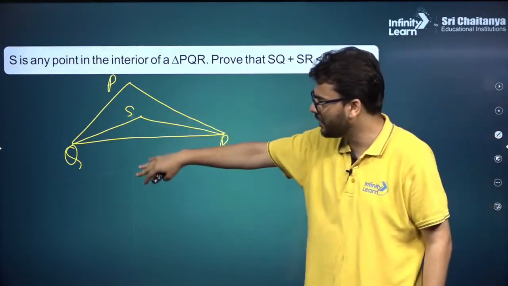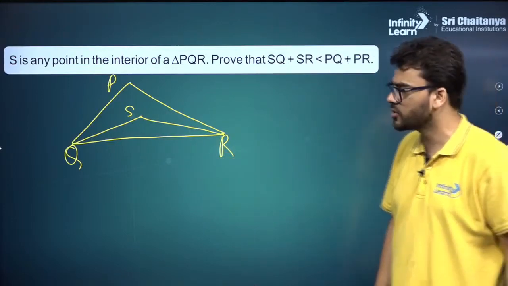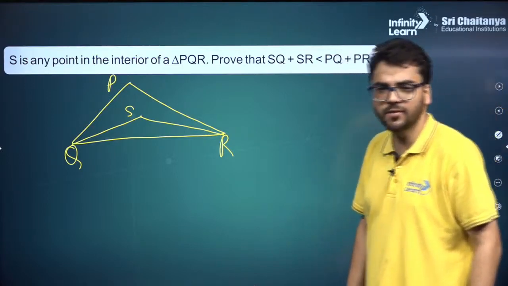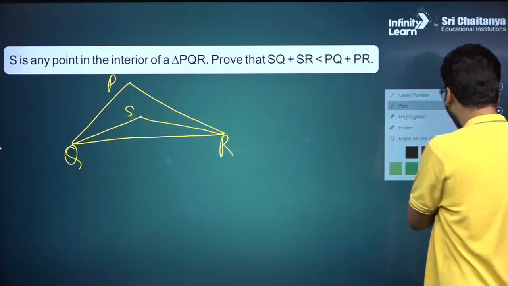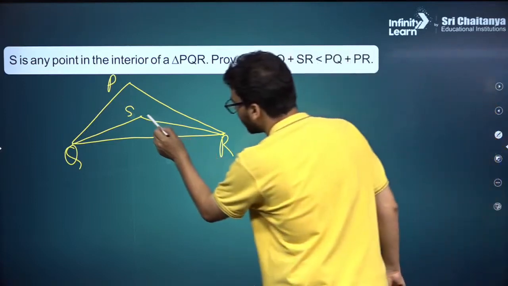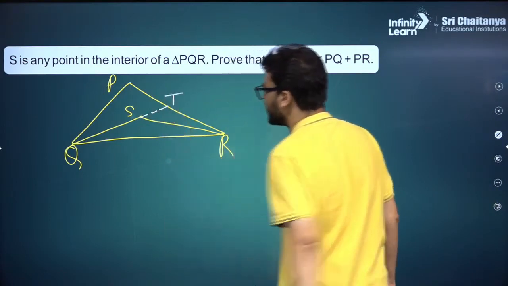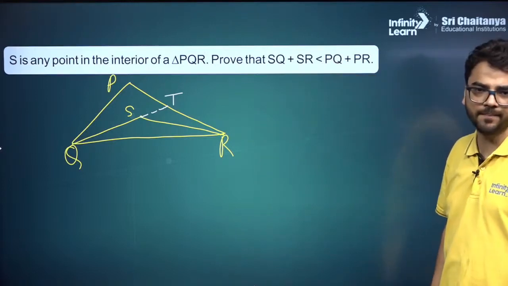For example, over here, without construction, you cannot do anything. You will not be able to prove this question without construction. If you do not do any kind of construction, this question will not be done for sure. So the construction in this question is what, guys? I have to extend it. Can I extend QS like this? Suppose this point is T. So I am extending QS up till point T over here.